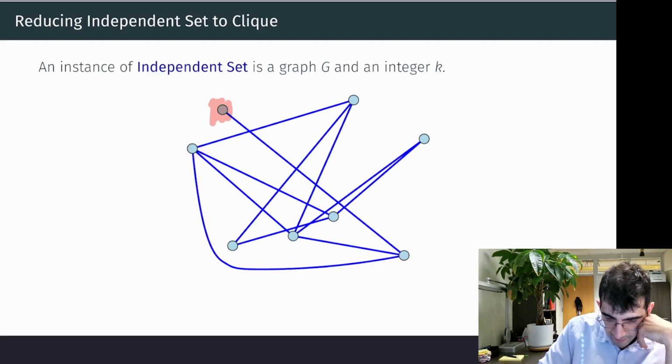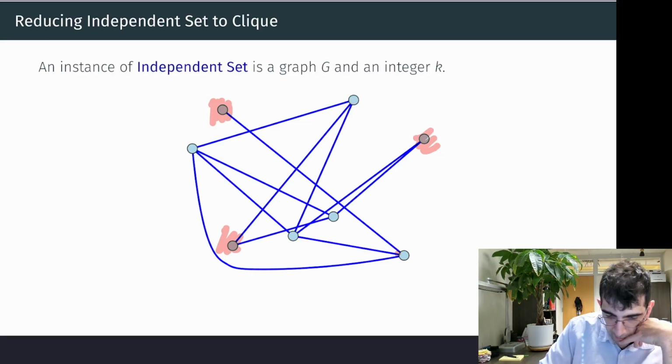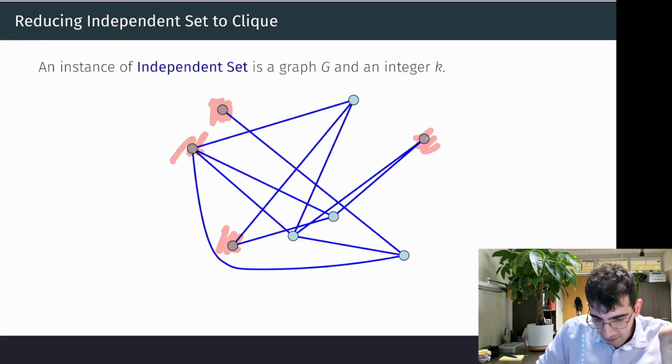I think we have to move that there. Oh, and we got that. There we go. So we could get an independent set of size 4, possibly greater. We'll check.